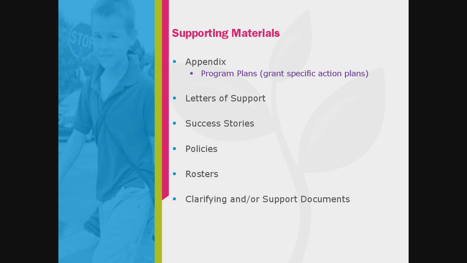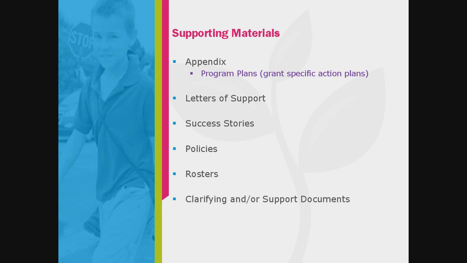You might be required to include letters of support or success stories from past grants or projects that you've implemented, or policies. If the grant requires that you have a policy around bike helmets already in place, then you might have to submit a copy of that policy to the funder.